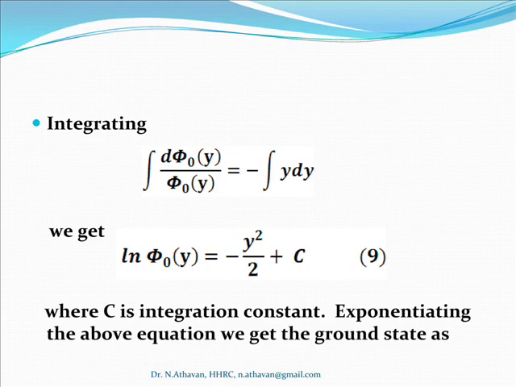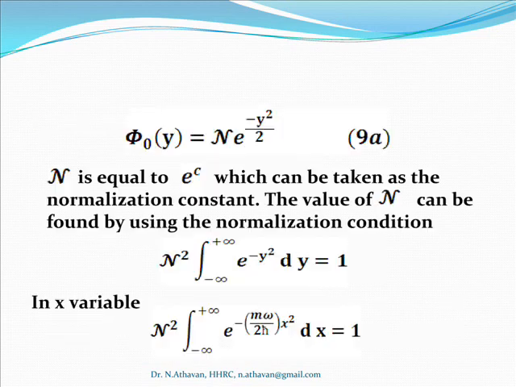Equation 9 is in logarithmic form, so when we exponentiate it, we get the ground state as phi 0 of y is equal to N into e power minus y square by 2, where N is the normalization constant, which is equal to e power c.